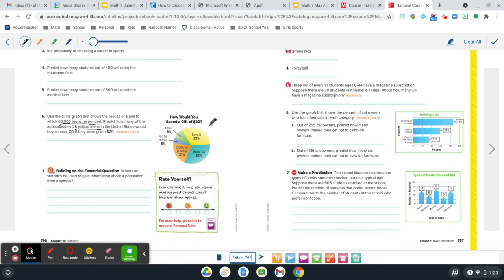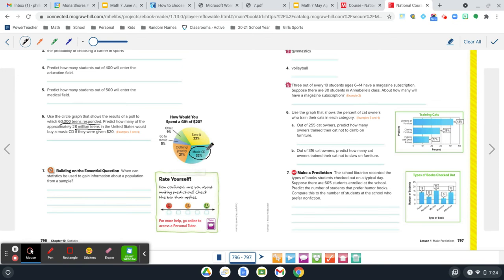It says, how would you spend a gift of $20? And it's divided out, right? They surveyed 60,000 teens about where they would spend that $20 gift. Now, specifically, it says a music CD. So we're going to take a look here in this teal colored section. And 32% of those 60,000 teens responded that they would use the $20 to buy that music CD.